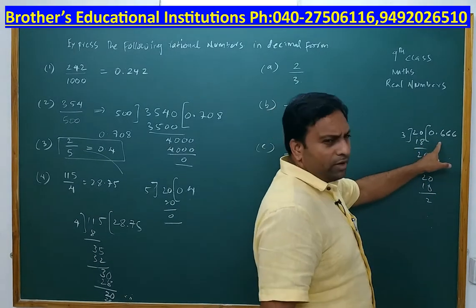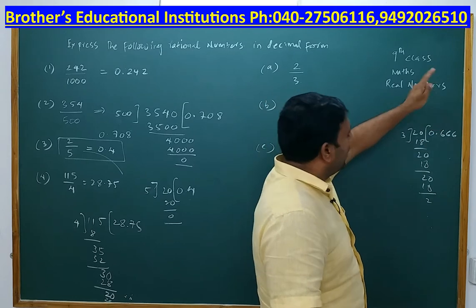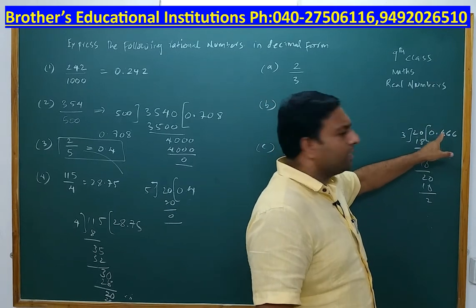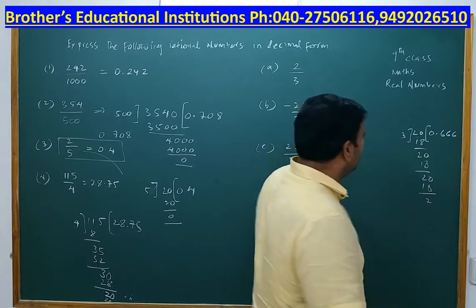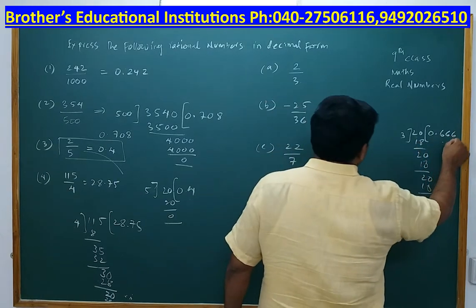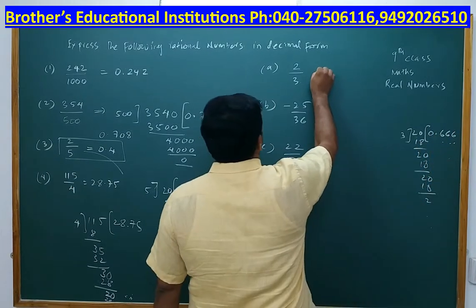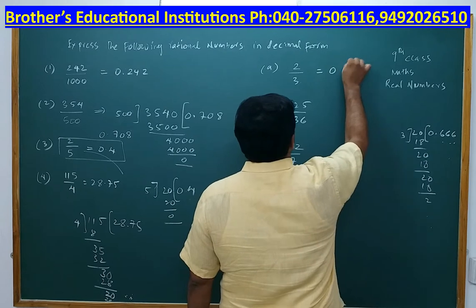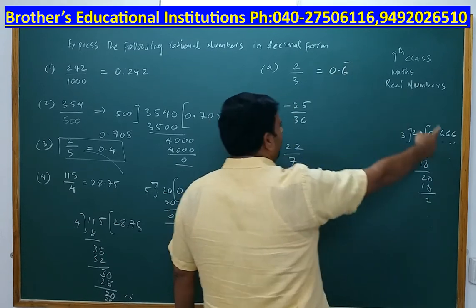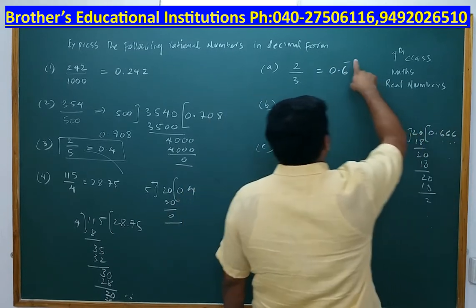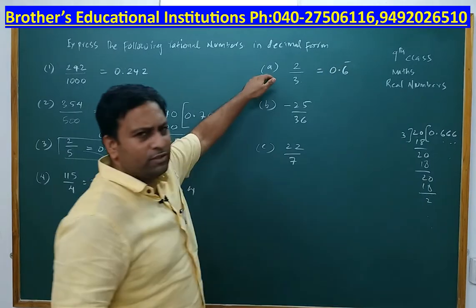So what are you going to get? You are going to get a repeated decimal. So instead of writing 0.666 and so on infinite times, I will simply write 0.6 bar. Whatever number is repeating, we will remove that and we will put simply a bar. So that is how the division process is.